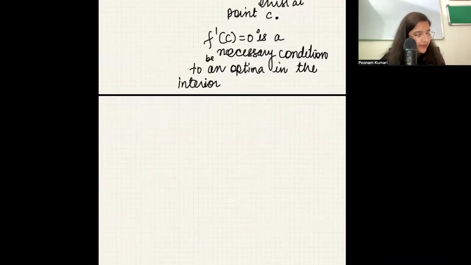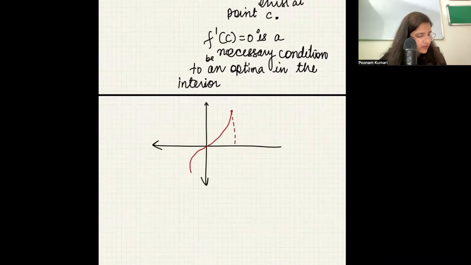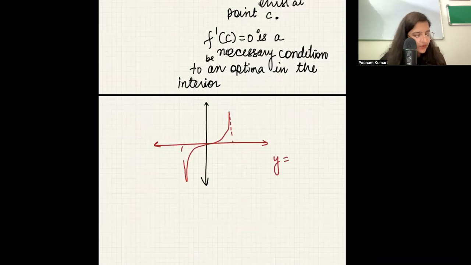Because as an example, I can give you a function like this. Let's say I have a function like this. So this is basically the diagram of y equals x cube. Let's say it's defined from -1 to 1.